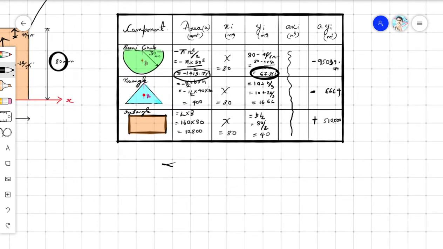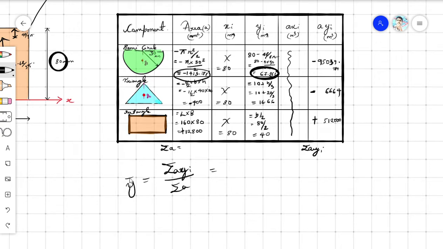The last answer is summation of ai yi divided by summation of a, which gives y bar. Summation of a is addition and minus: this is minus 400, this is minus, and this is plus.